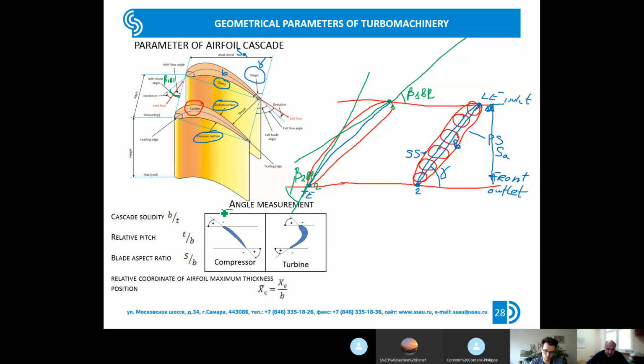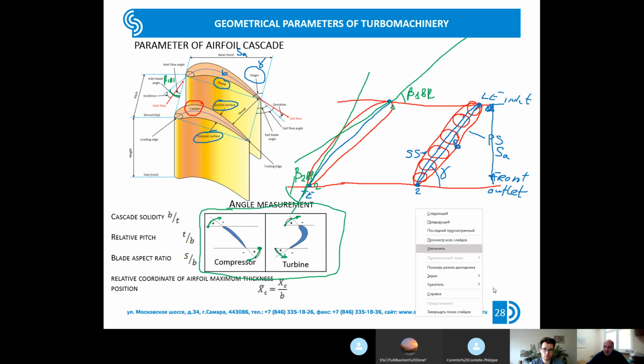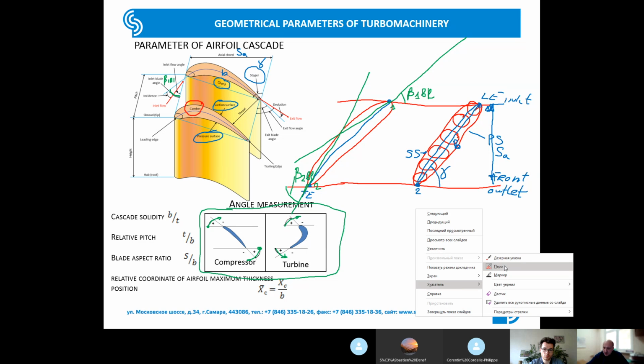Here we need to speak about the angles. In this picture, you see the typical rule of angle measurement used in Russian practice. In Russian turbomachinery schools, especially for the turbine, we typically measure angles from the front. We start from this position and measure angles from the front in this direction for the compressor and in these directions for the turbine. I draw your attention to the fact that this is a special feature of the Russian turbomachinery school.